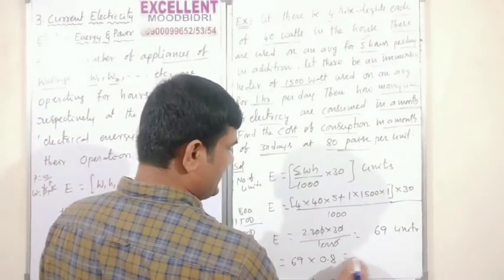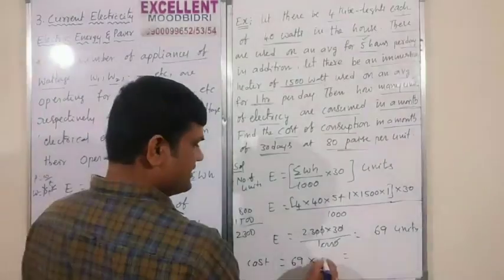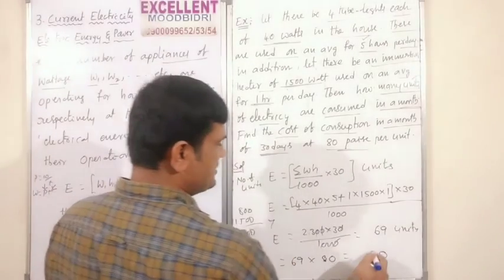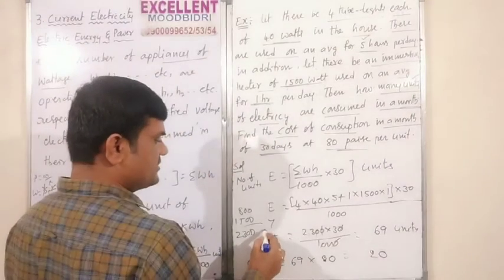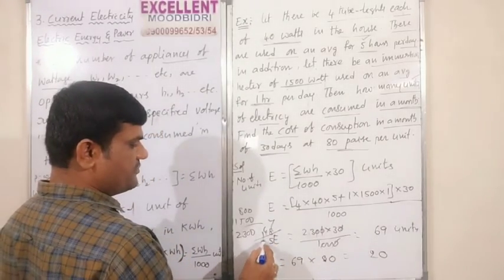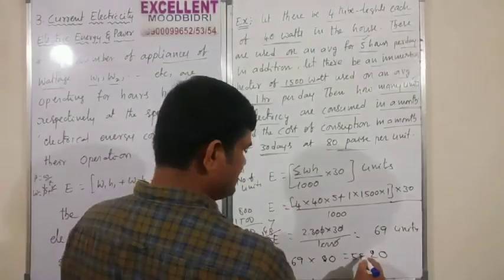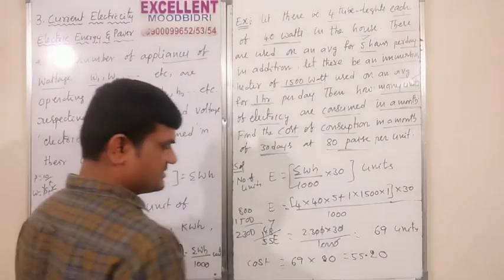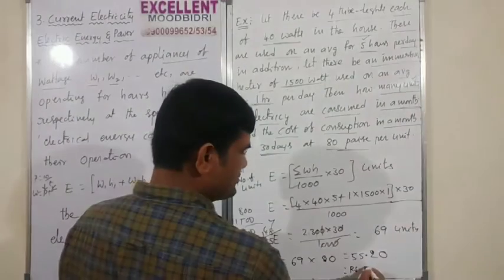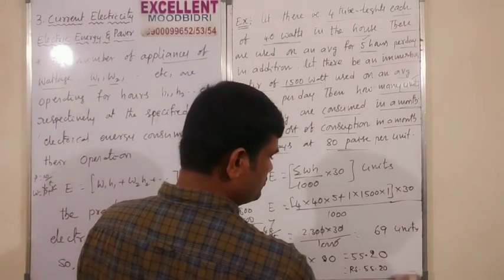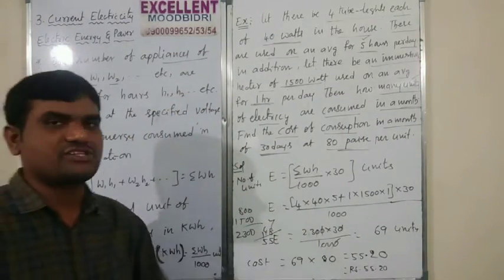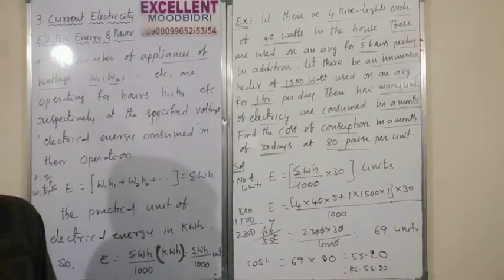Now you have to calculate. 69 into 0.8: 8 nines are 72, 8 sixes are 48, so 55.2 rupees. Are you clear? That is the cost. Like that we can solve this problem. This is the general formula only.